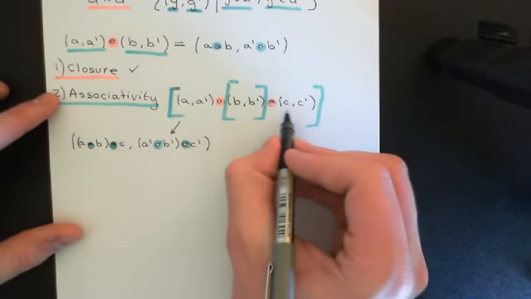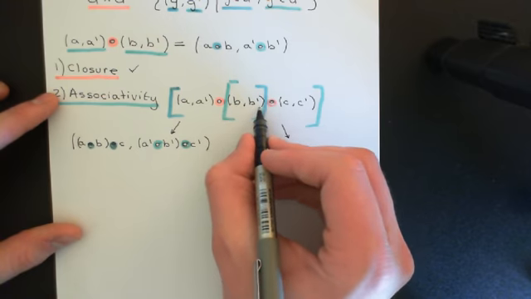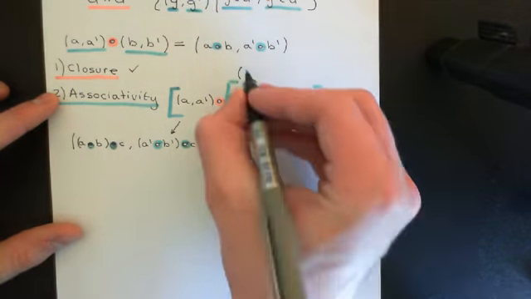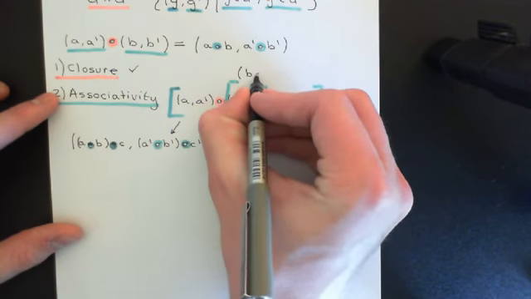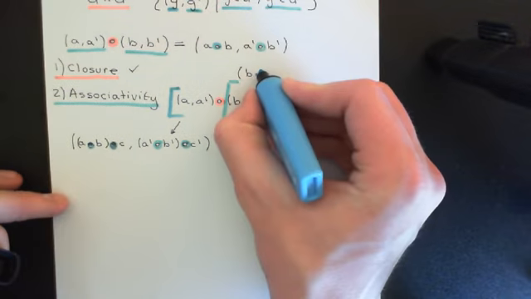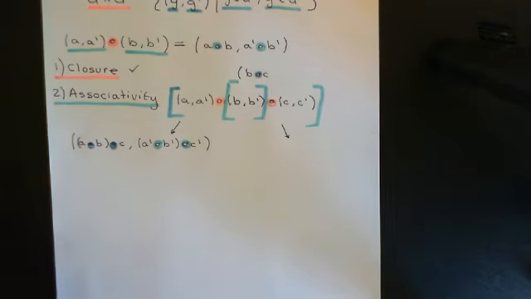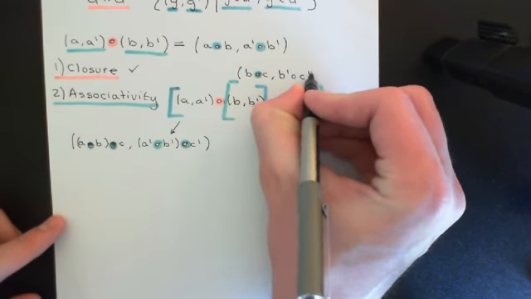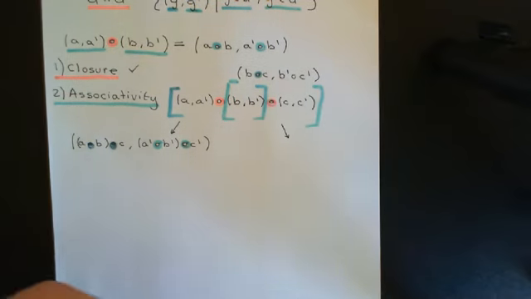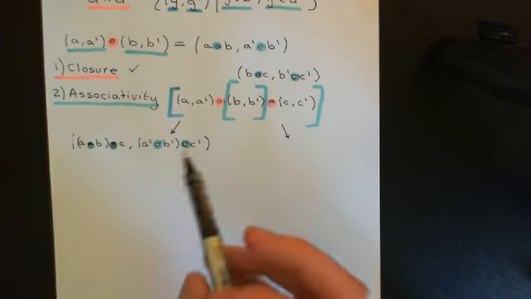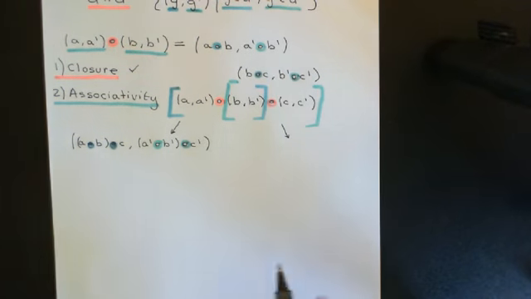So if we firstly multiply B, B prime with C, C prime, what will we get? Well, I might just write that out up here. So we'll get B composed with C, where this composition is once again a composition in the group capital G. And then we'll get B prime composed with C prime, where this composition is a composition in our group capital G prime. And then we're going to compose A, A prime with this.